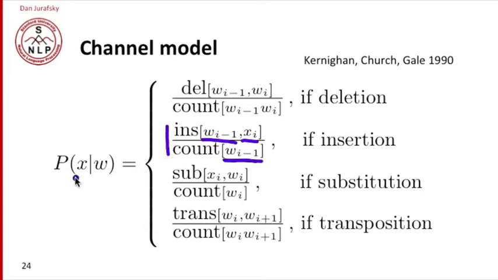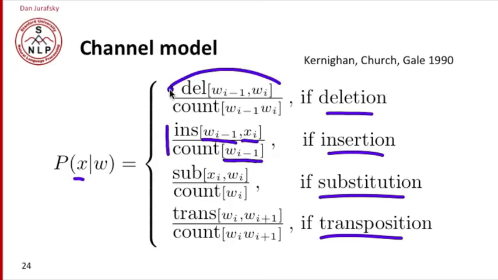So we can generate the probability of our surface form for each possible single edit error. Again, we're assuming a single edit now. So only one of these happens to generate our candidate. Whichever one it is, we compute our probability by just normalizing the count of the deletion or insertion or substitution or transposition by the appropriate count and generate a probability.